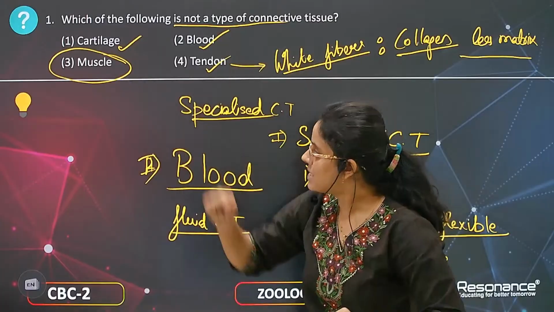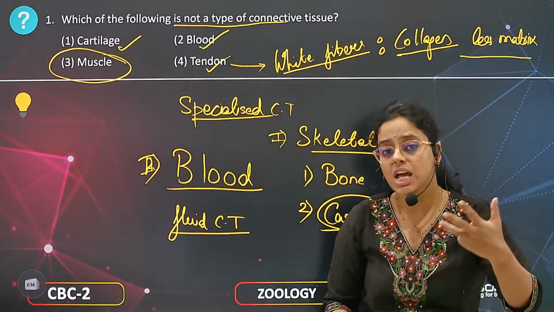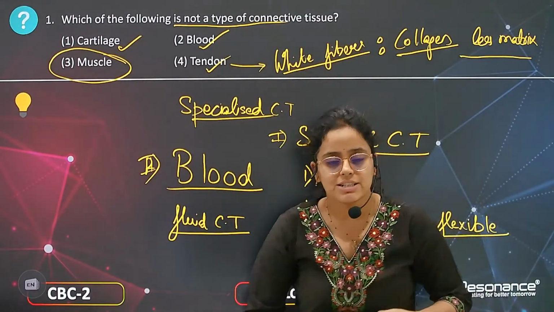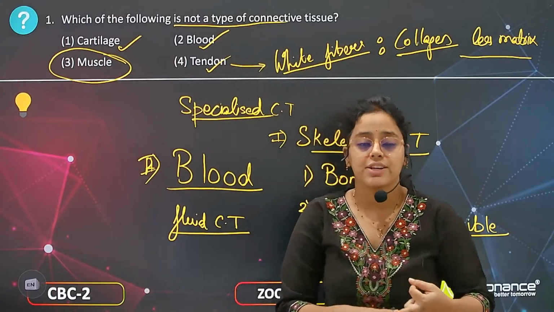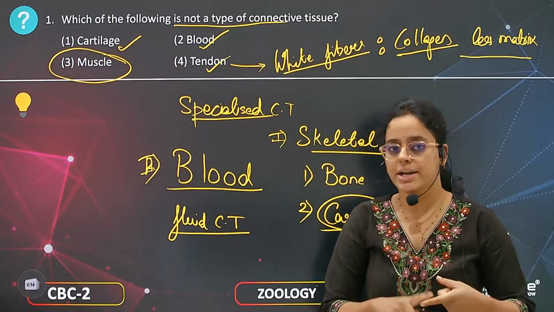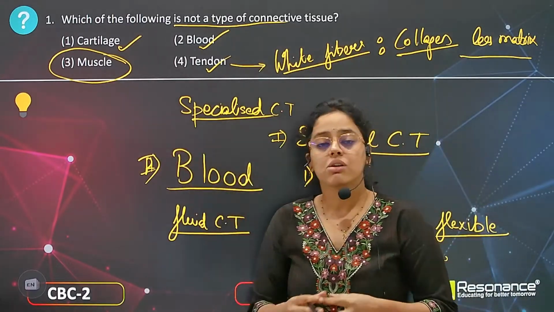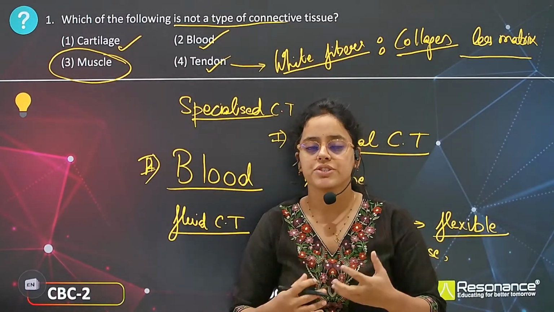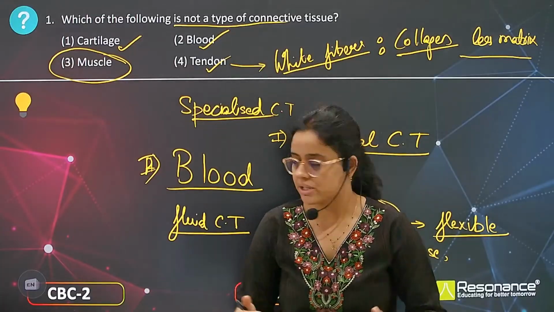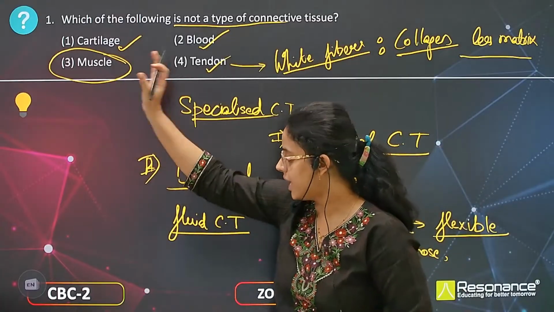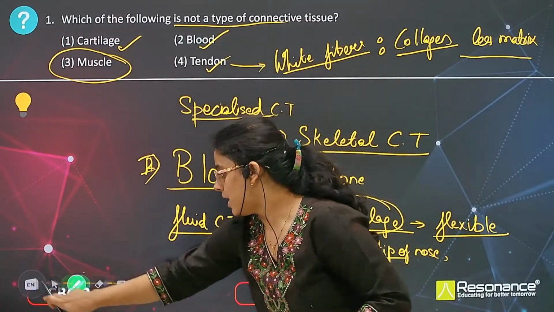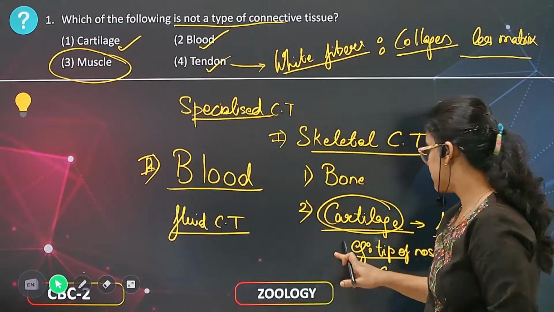There are three types of muscular tissue: skeletal or striated muscular tissue, smooth muscular tissue, and cardiac muscular tissue. These contract and relax and cause movement or locomotion, involuntary and voluntary movements, which we are going to discuss in our next session. Meanwhile, let us discuss the second question.